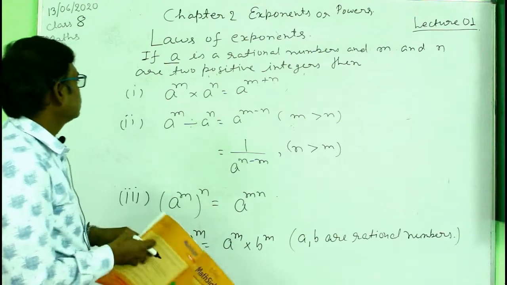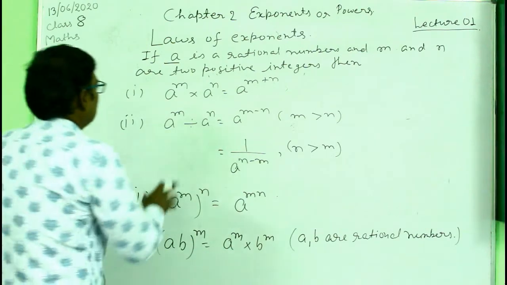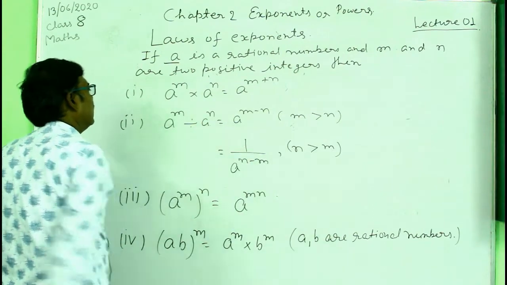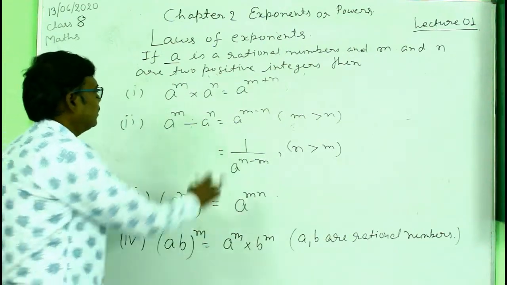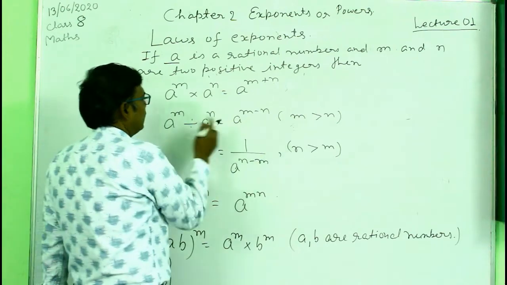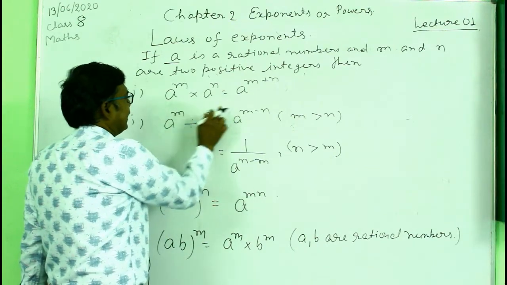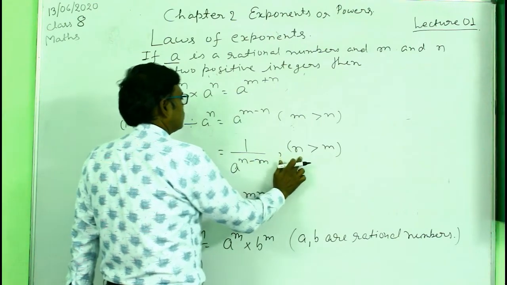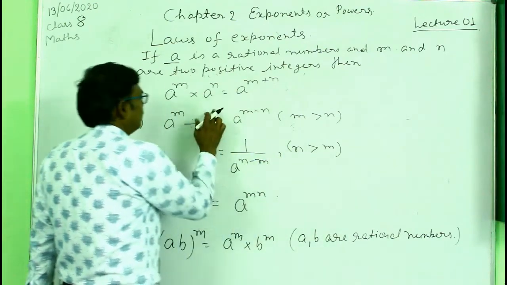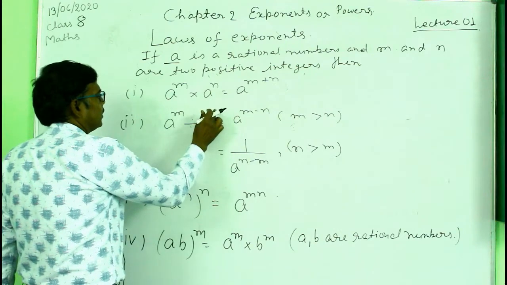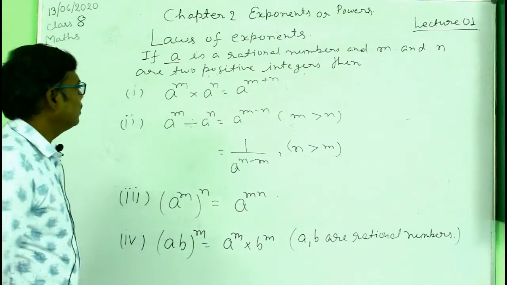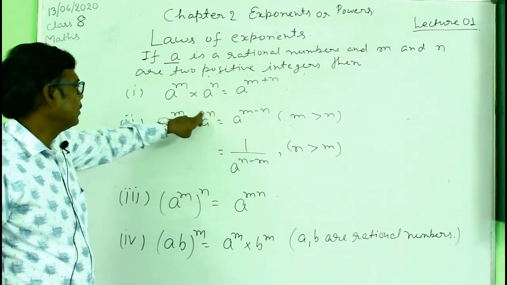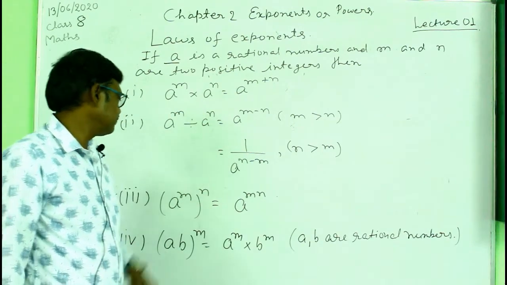The next formula is a to the power m divided by a to the power n equal to a to the power m minus n, and this formula will be used when m is greater than n, and you will use the other formula when n is bigger than m.